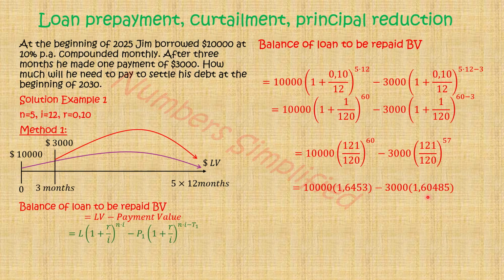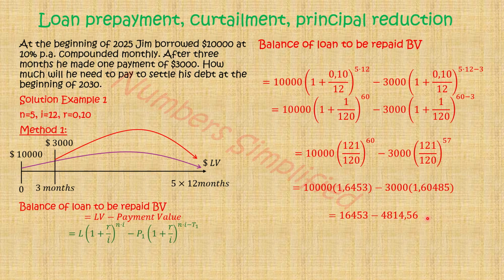So now this is simpler to multiply. So when we multiply with the 10,000, the first part, we are going to get 16,453. This one did not have cents. Then when we move on to the one that we are going to multiply with the 3,000, we are going to get $4,814.56.